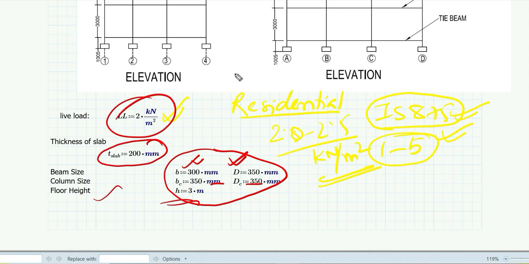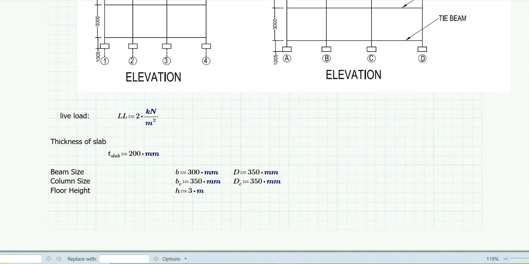Suppose we are assuming for this particular problem. If the load is not given for a residential building, you can assume 2 to 2.5 kilonewton per meter square. These values will most probably be given in the problem, or else you can assume them. Now let's dig into our calculation part.